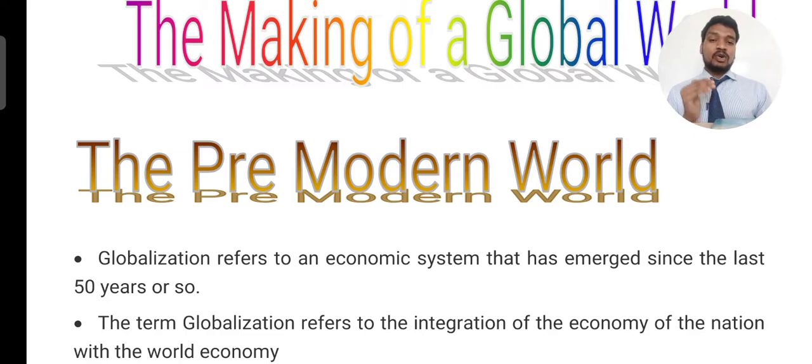And gradually, with new tastes and ideas of settlement and many other things, people started to go to other places in search of food, because as the population increased, demand started to increase.